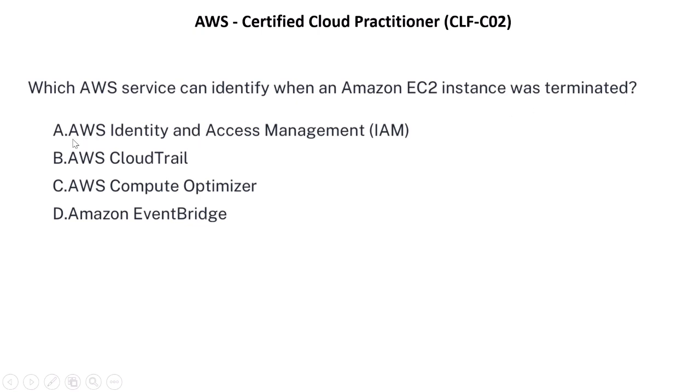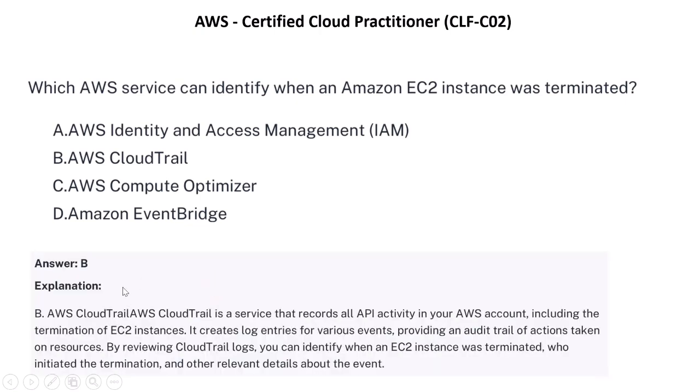Next question. Which AWS service can identify when an Amazon EC2 instance was terminated? Options are option A, AWS Identity and Access Management, option B, AWS CloudTrail, option C, AWS Compute Optimizer, option D, Amazon EventBridge. The right answer for this question is option B, AWS CloudTrail. CloudTrail is a service that records all API activity in your AWS account, including the termination of EC2 instances.